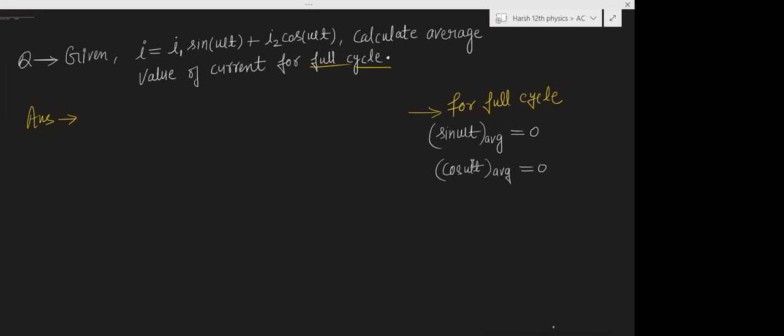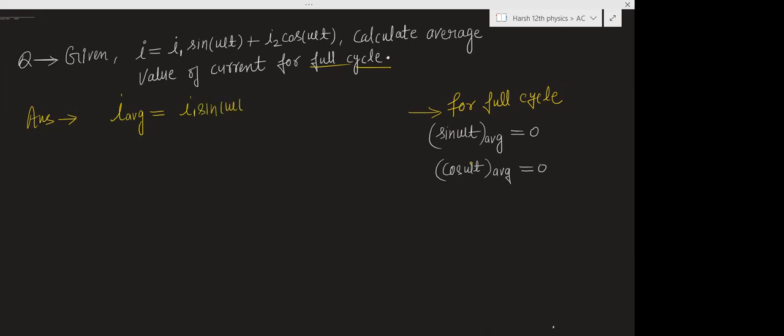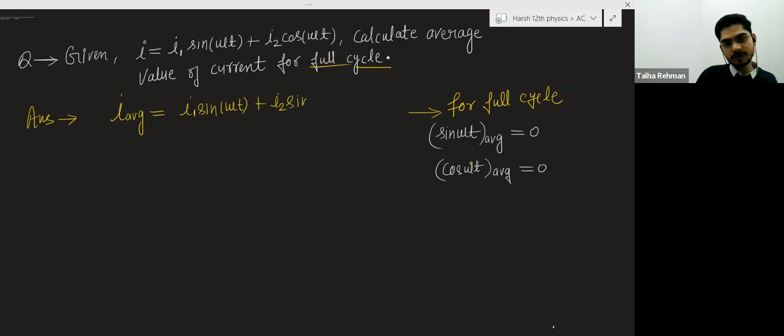Now we want the I average for the full cycle. We can write I1 sine omega t plus I2 sine 2 omega t, and we want the average.